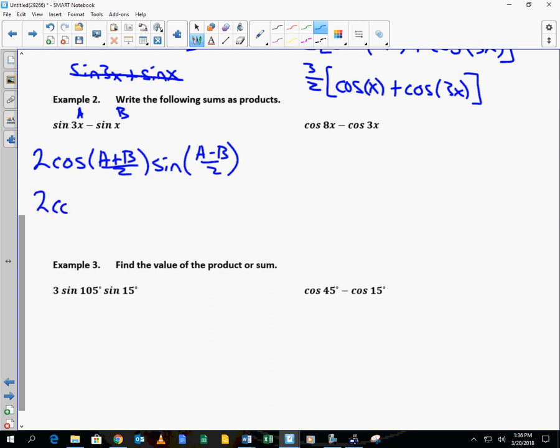So I have 2 times the cosine of, what is A plus B divided by 2? 2x times the sine of, yep, 3x minus x is 2x, divided by 2 is just x. Very good. So we took the sum and we wrote it as a product. So we took 3x plus x was 4x, and we divided it by 2.